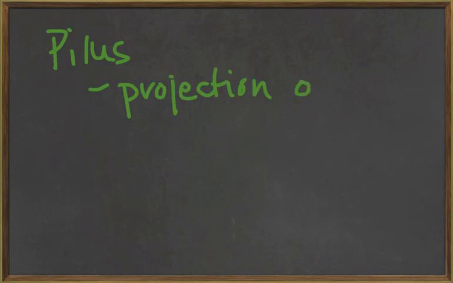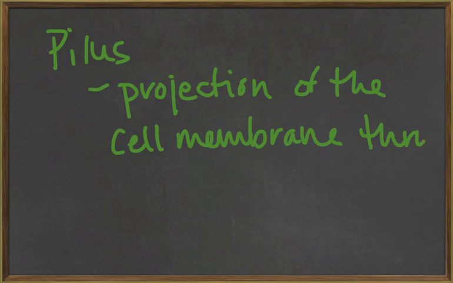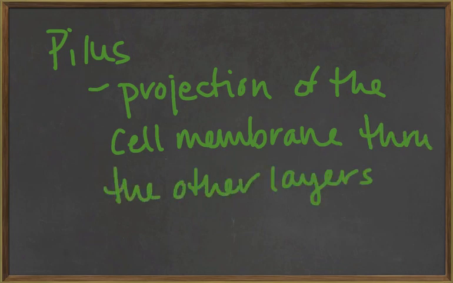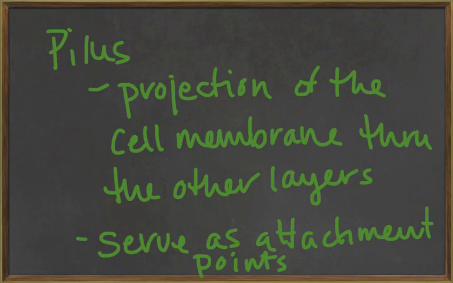The other appendage that you can talk about is called a pilus. A pilus is a projection of the cell membrane through the other layers, and then it goes out to the top. What these do is they serve as attachment points. And what I mean by this is they can act in 2 different ways.